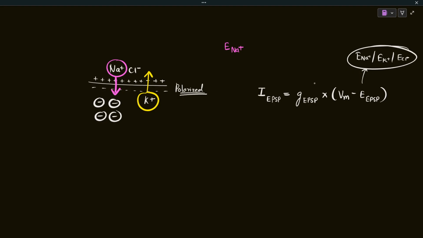So we learned about the Goldman equation. The Goldman equation gives us the idea about what the membrane potential should be, considering the equilibrium potentials of those particular ions. And the Nernst equation gives the value of those particular equilibrium potentials. For a single ion, you use the Nernst equation.